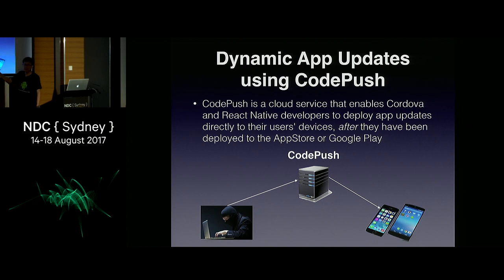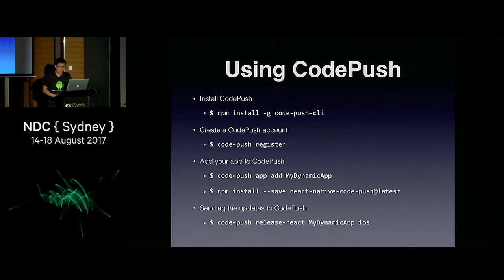Your application itself can automate the checking of updates every half a day, every 2 days, or you could ask the user to press a button on the app to check for updates. If there are updates, it downloads them, refreshes the application, and then you have the latest version of your app. So these are the steps to use CodePush, but let me show you a demo.